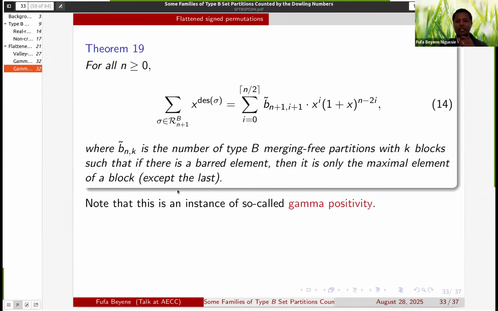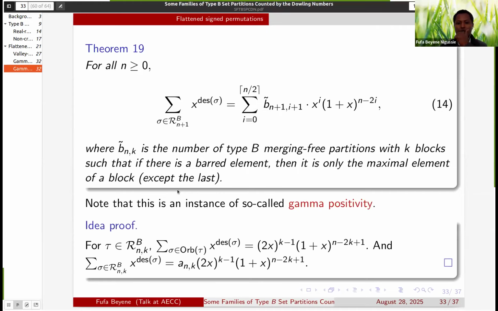We proved this by first distributing descents over an arbitrary orbit, which is given by 2x to the power of k minus 1 times 1 plus x to the power of this one. And then distributing descents over a specified number of descents in R_n^k. I didn't mention R_n^k: it is the set of flattened signed permutations having k descents, and it is given by this one.